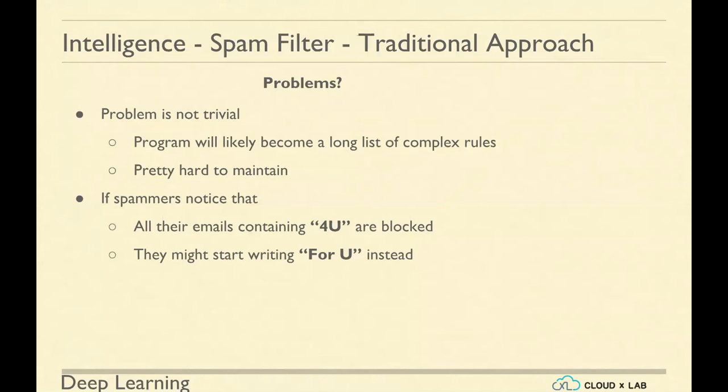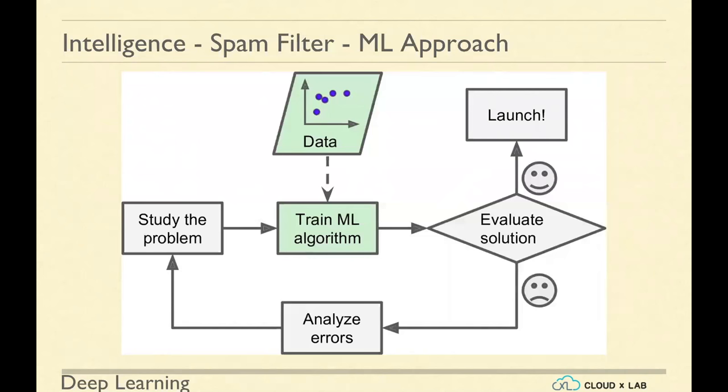Once you have trained it, you evaluate it and see how well it's doing on past unseen data, and then analyze the errors. If the errors are beyond what you were expecting, you go back and review the problem again, train the ML algorithms again, and once you're happy with the evaluation, you launch. So this is a big difference in the approach.